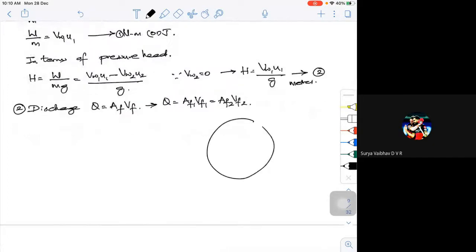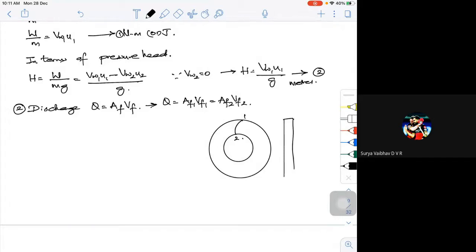Now, let me draw how the hub and tip look. Suppose this is my blade, this is my 1, this is my 2. If I look at it from the side, it will have a certain amount of thickness because the blade is there.